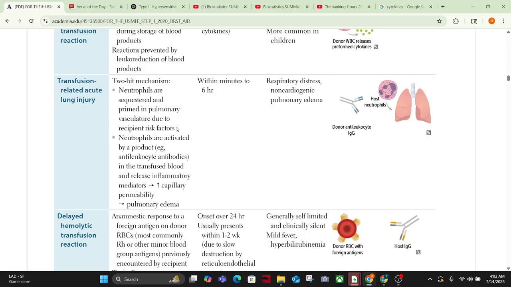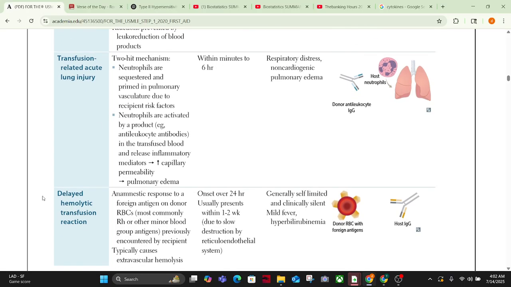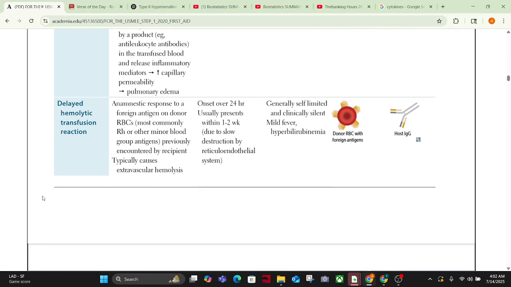Next, we have delayed hemolytic transfusion reaction. This is an anamnestic response to a foreign antigen on donor red blood cells, most commonly Rh or other minor blood group antigens previously encountered by the recipient, and typically causes extravascular hemolysis.